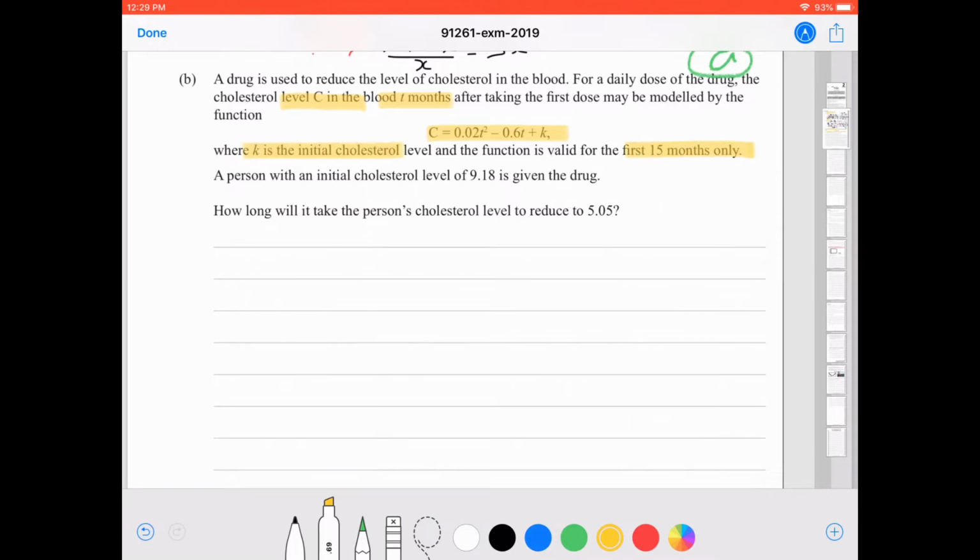It says a person with an initial cholesterol level of 9.18 is given the drug. How long will it take the person's cholesterol level to reduce to 5.05?